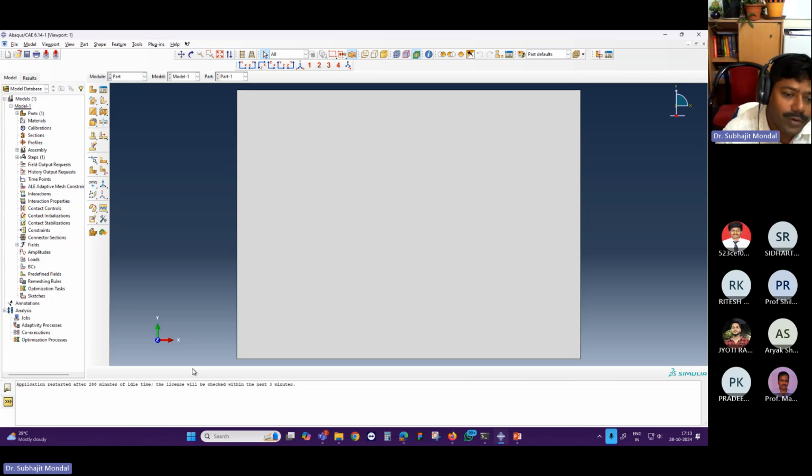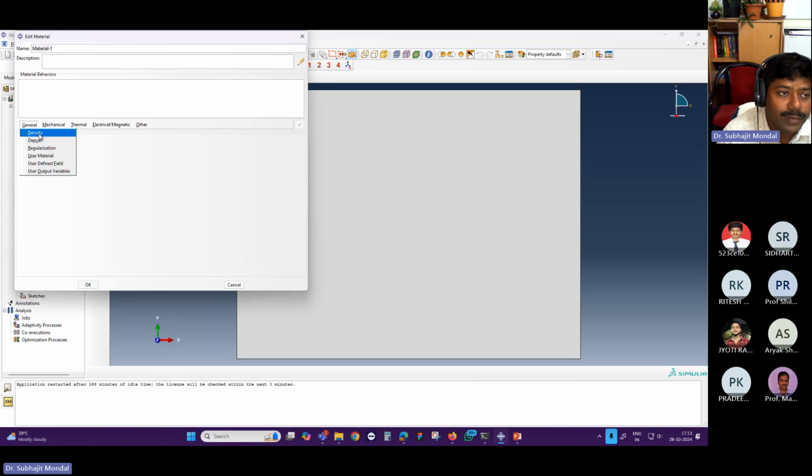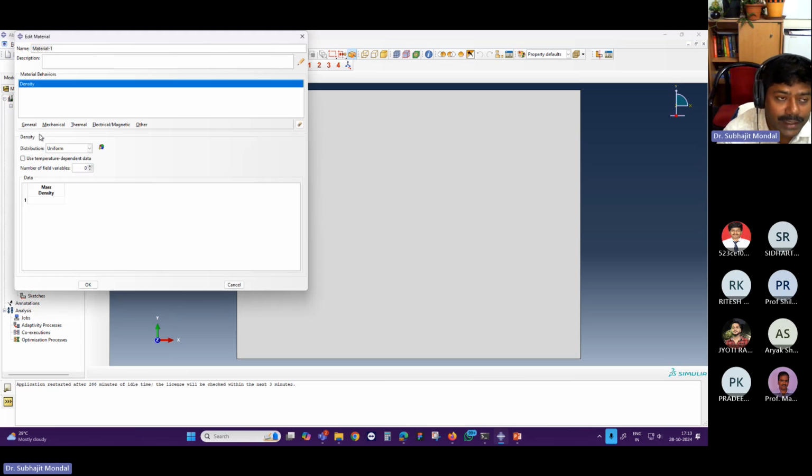Okay. So here we have created the geometric modeling. Next we are going to define the property. Here in the property, you can see we are providing the density. Since we are doing dynamic analysis, density is mandatory for us.